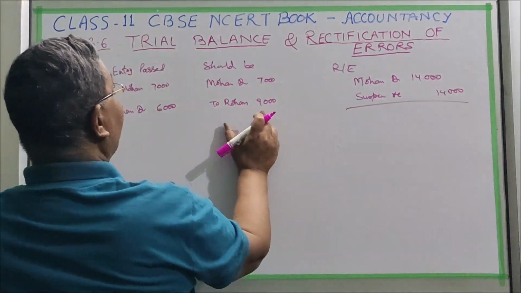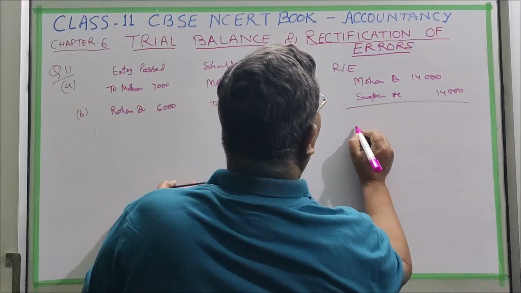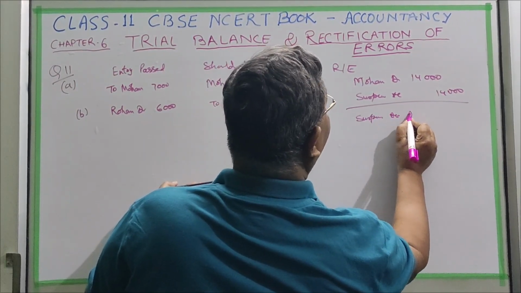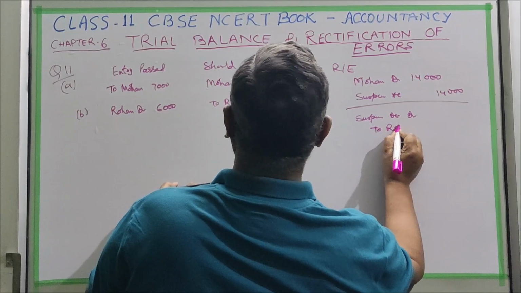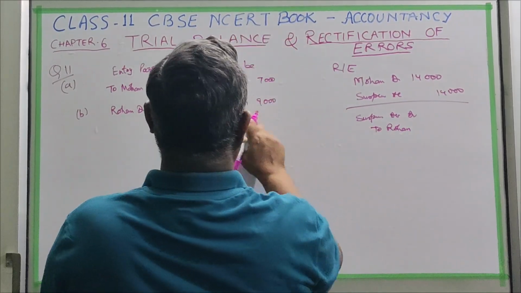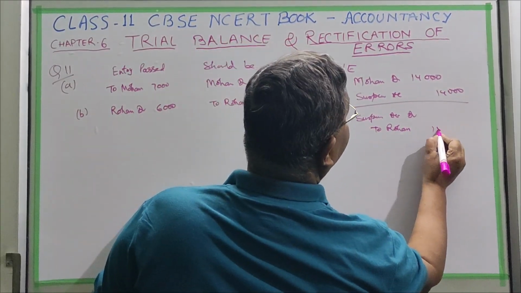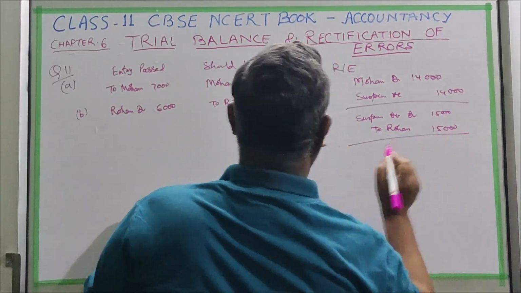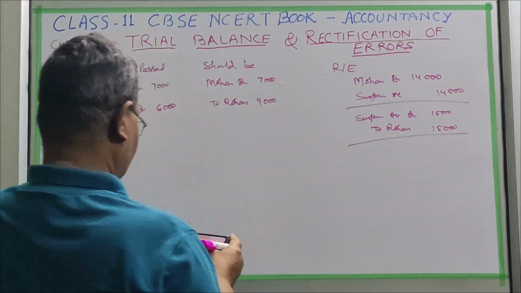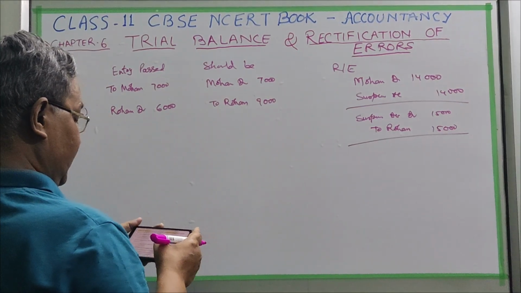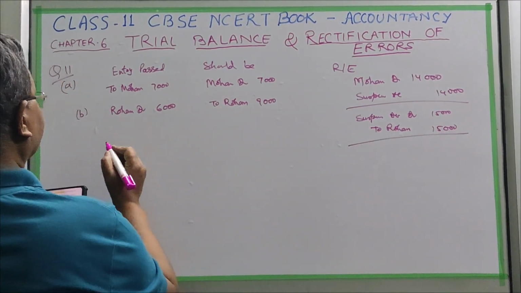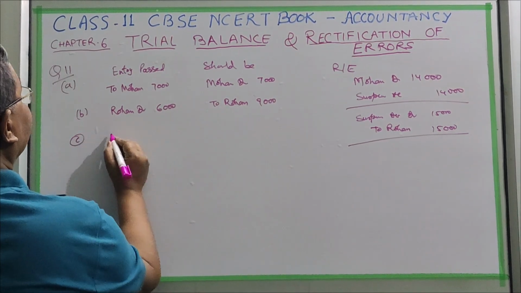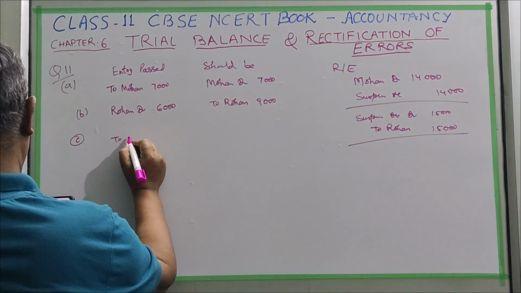So now you credit Rohan. So suspense account debit to Rohan, 6,000 and 9,000, 15,000. Okay, this should be done. Rectification. Goods returned to Rakesh and posted to the credit of his account, to Rakesh.